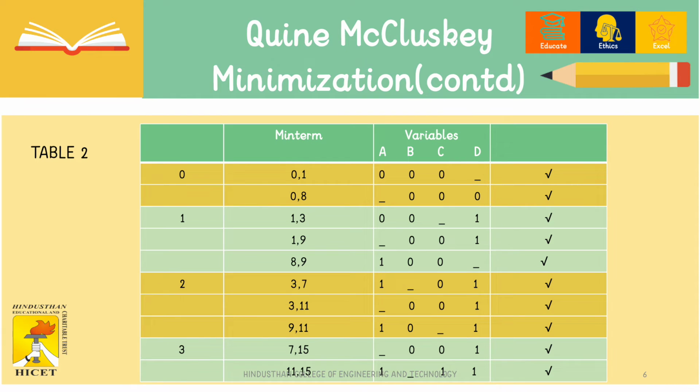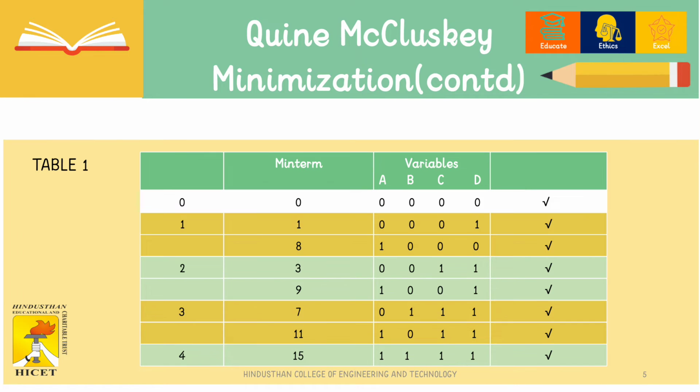So that is written as 0, 8, and the first variable is replaced with a dash and the remaining values are written as such. Now the grouping of 0 and 1 is over, and next we go for the grouping of group 1 and group 2. So I have to compare minterm 1 with 3 and minterm 1 with 9. Similarly, 8 with 3 and 8 with 9.